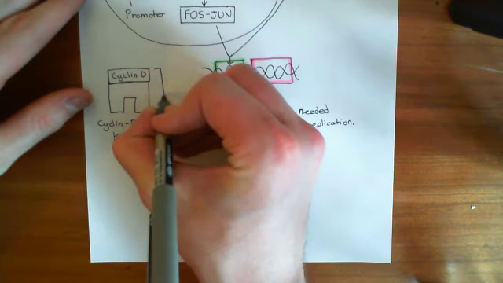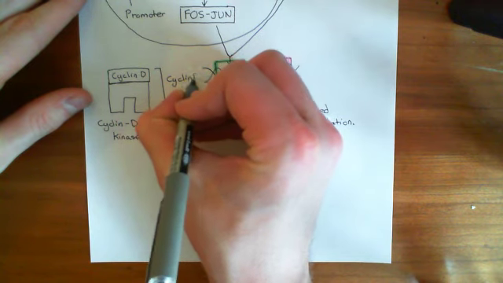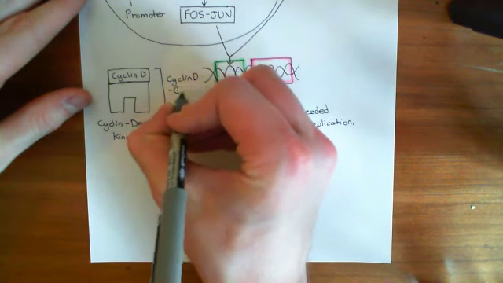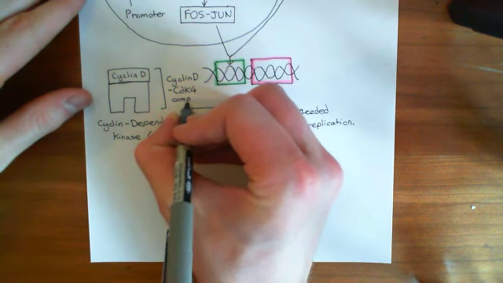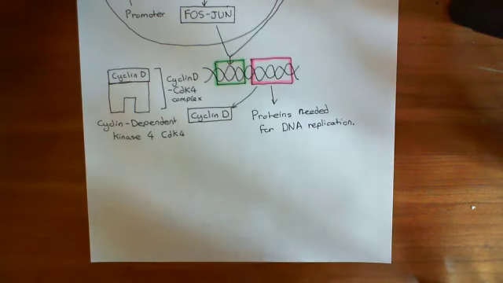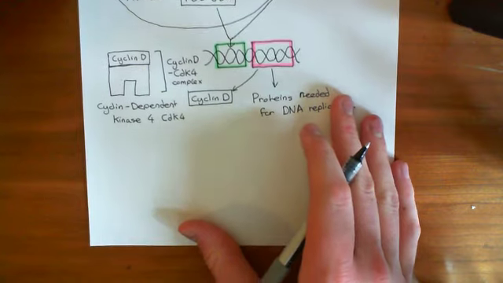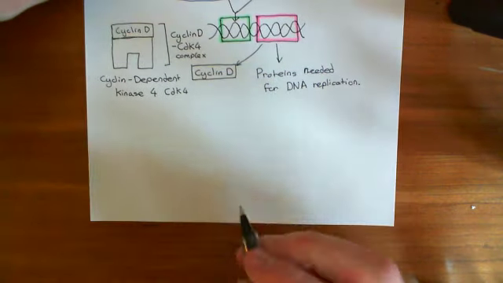And this entire complex now is known as a cyclin D CDK4 complex. Okay? And this complex, its role in the cell is now to phosphorylate a protein known as the retinoblastoma protein. Okay, so now we need to talk about the retinoblastoma protein for a little while.